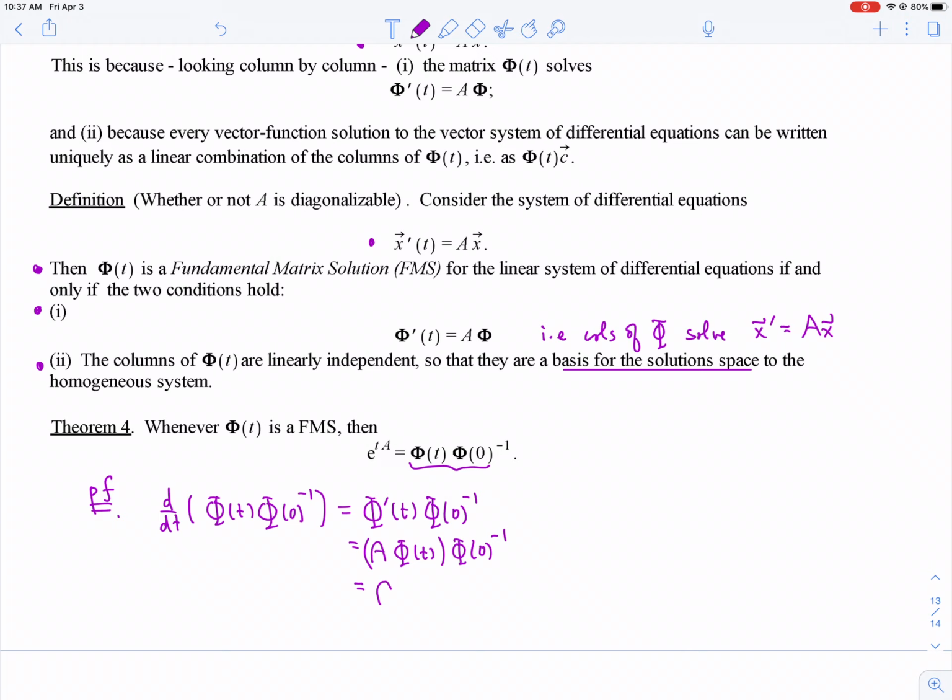Multiplication is associative, so I can rewrite this as A times Phi(t) Phi(0) inverse. And so that checks condition 1 for this new alleged fundamental matrix solution.